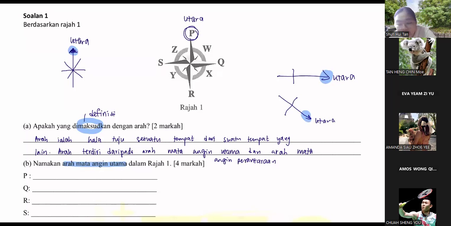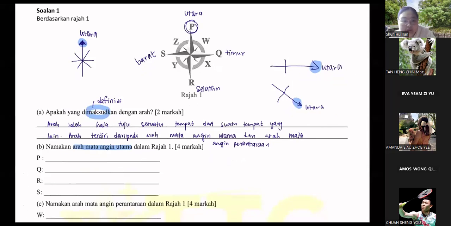Now, if P is utara, Q is what? Timur, followed by Timur, and then R will be selatan, and then followed by barat.